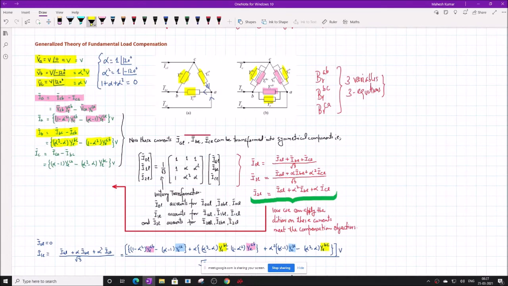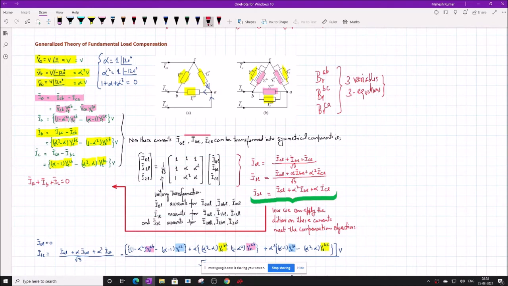And then IC is ICA minus IBC, which is alpha minus 1 into YLCA and minus alpha square minus alpha into YLBC. So we know these currents, and also you already know that if we sum them, the sum is equal to 0, because this is a 3-phase 3-wire system. There is no path for the zero sequence current to flow. So this is also equal to 0. You can prove them.